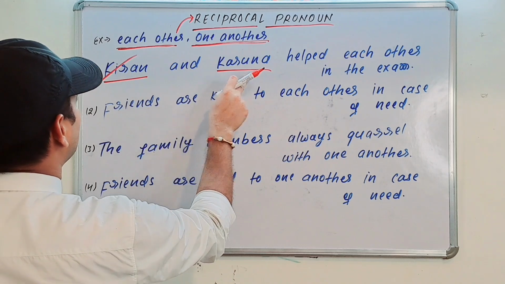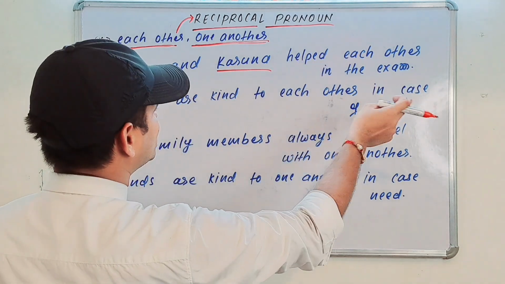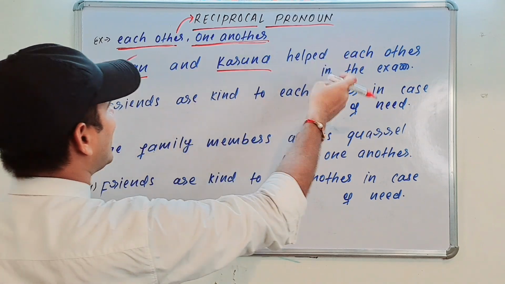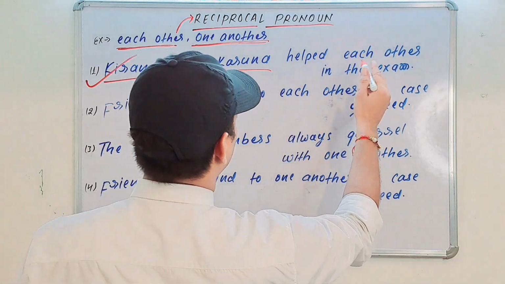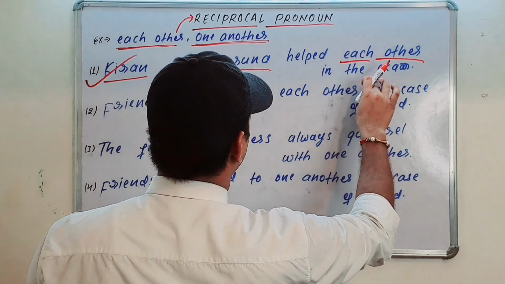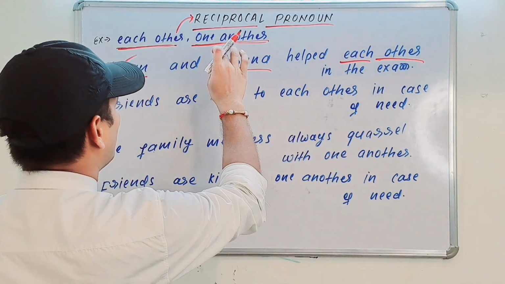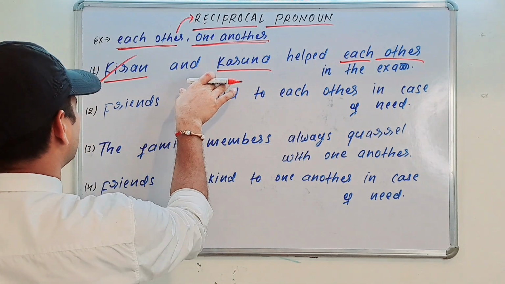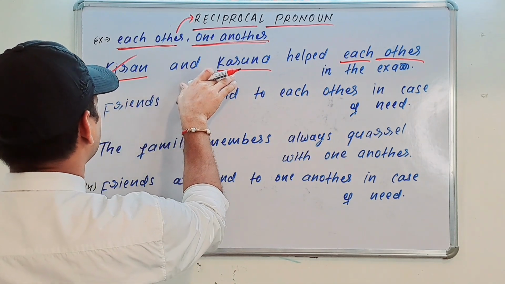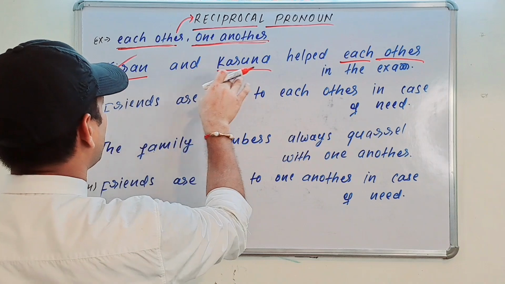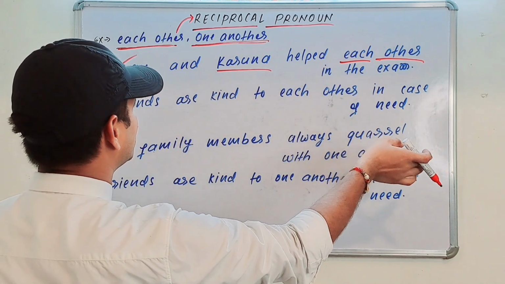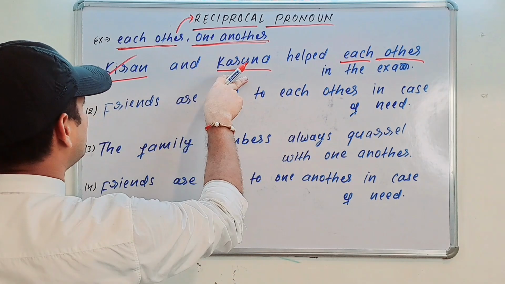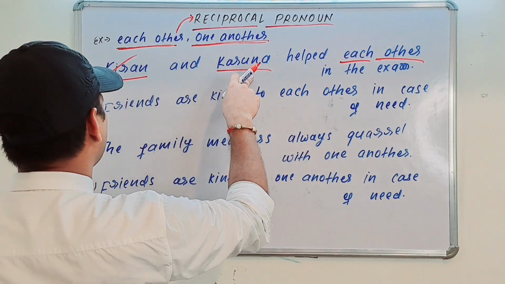So that's why here each other is used, and you can't use one another in the first sentence because there are only two persons. So don't use one another in place of each other, because there are only two persons, Kiran and Karuna.